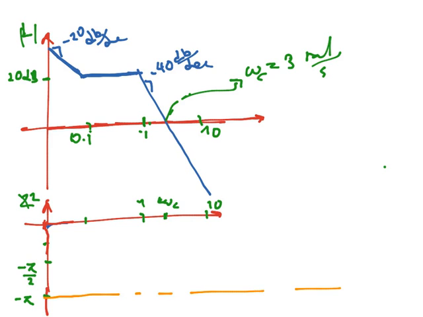So starting from minus π/2, the phase will increase up to around minus 45 degrees, somewhere between the frequency equal to 0.1 and 1, so we will have this kind of behavior, and then it will start to decrease and go towards minus π.